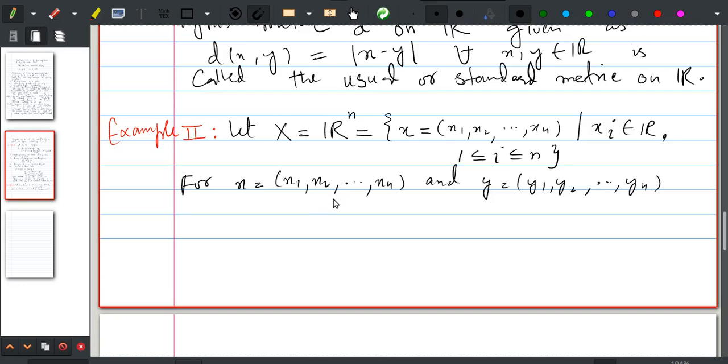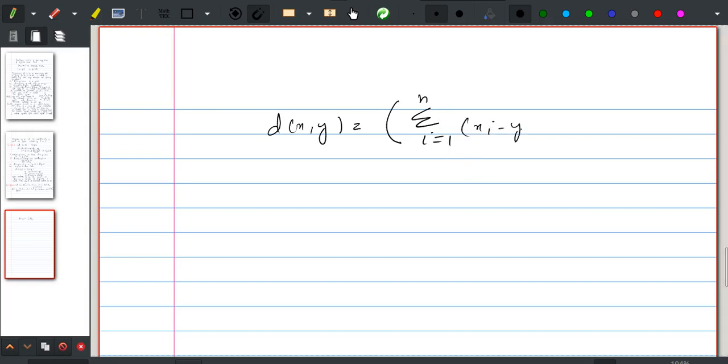Define d(x, y) as the square root of the sum, i runs from 1 to n, of (xi minus yi) squared.